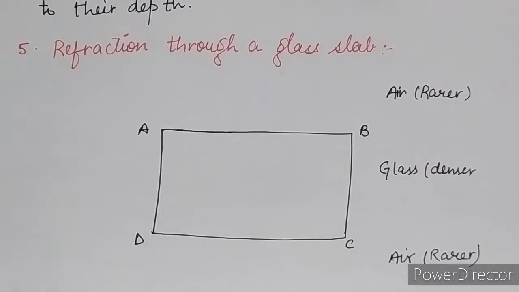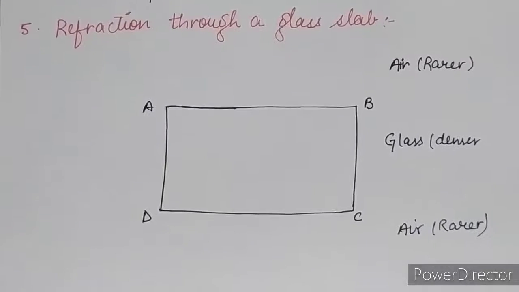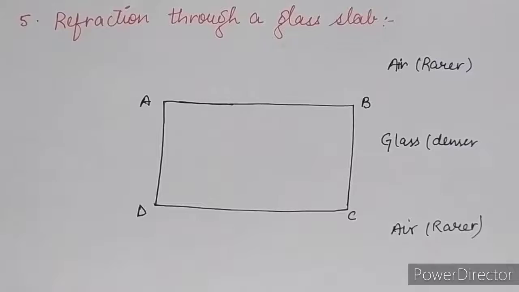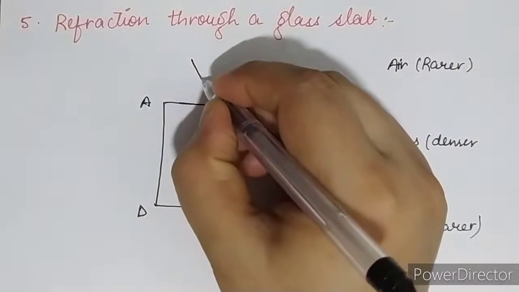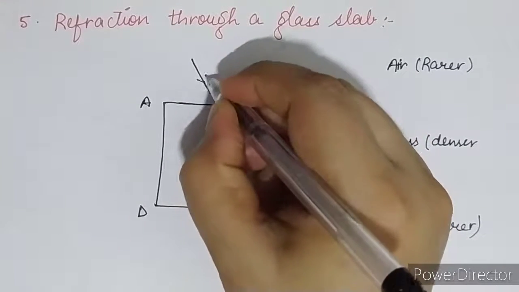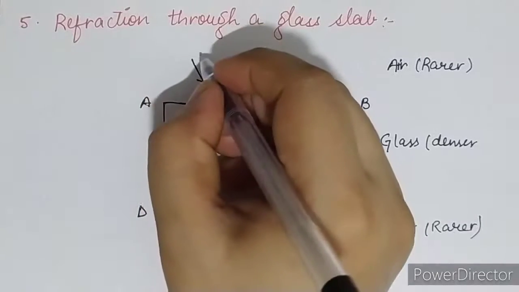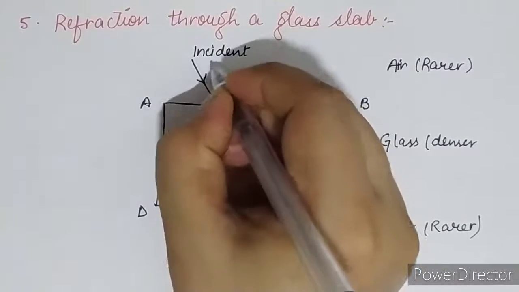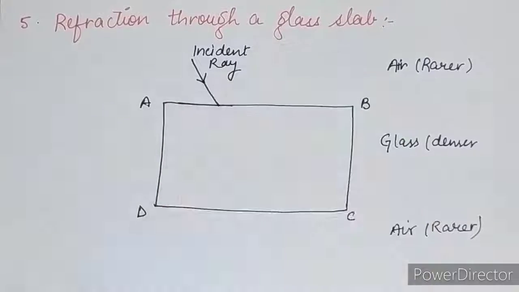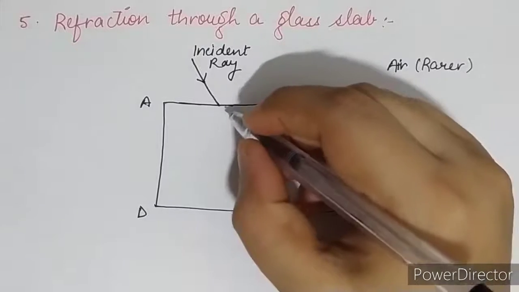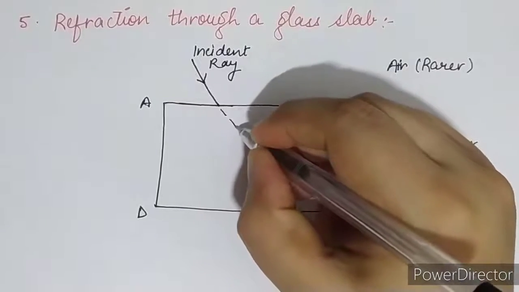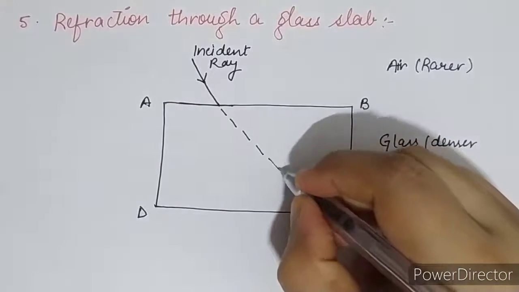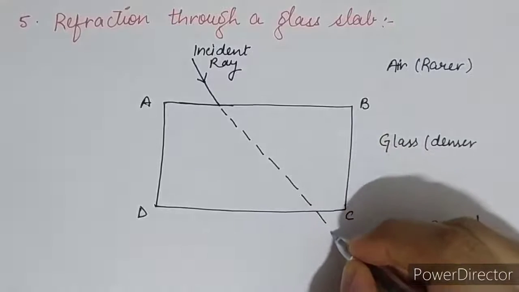Now the light falls on it from here. This is the incident ray. If there were no refraction, it would travel directly without bending from its actual path.